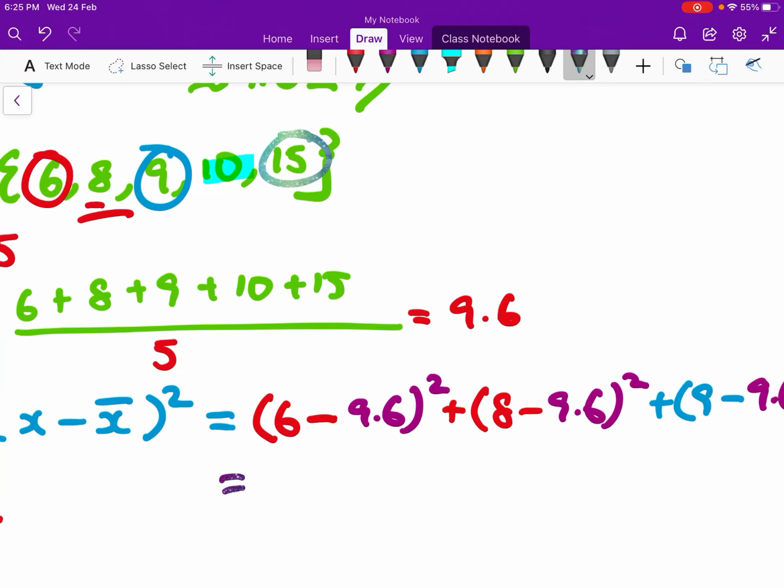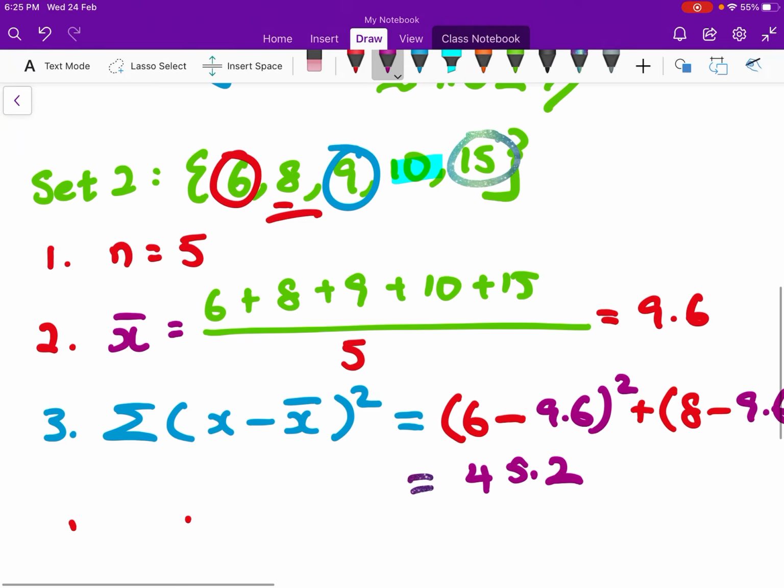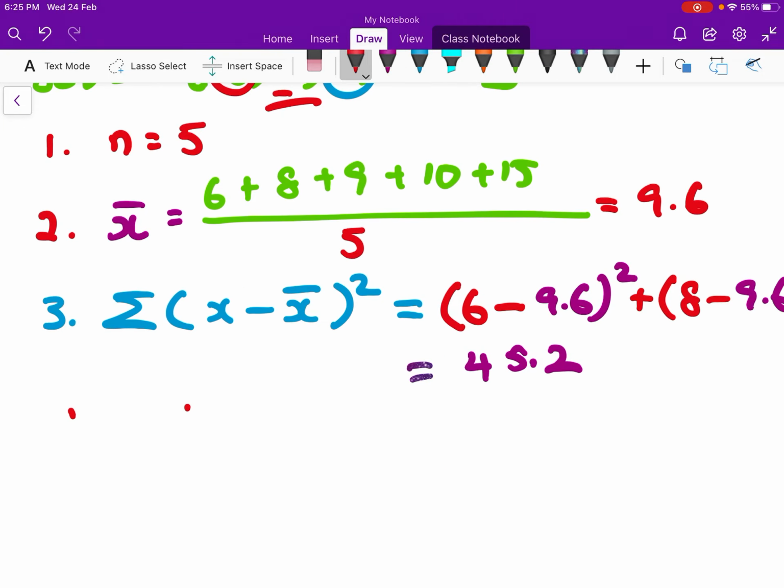You should get a value of 45.2. Then of course, let's not forget our last step, calculating our standard deviation.